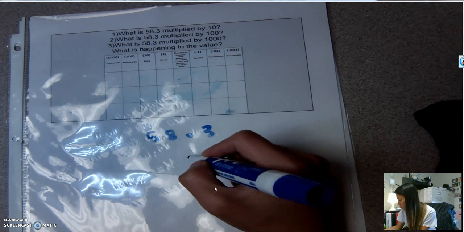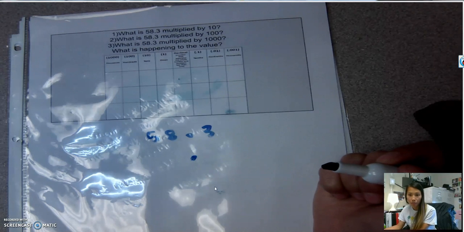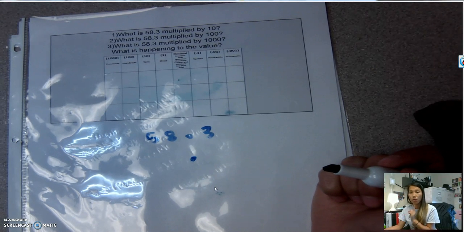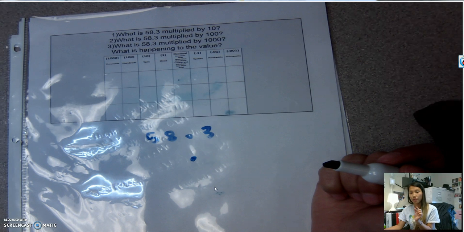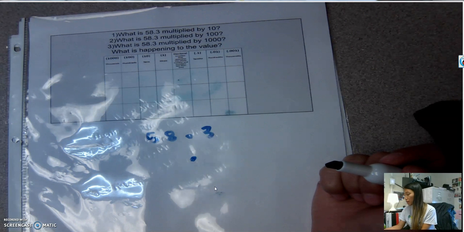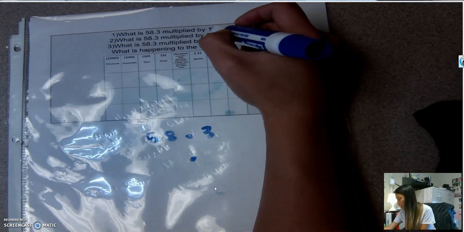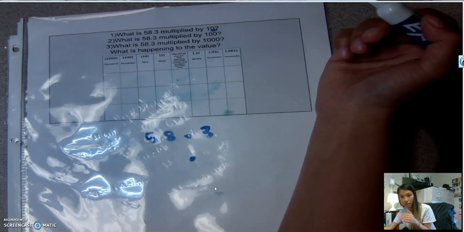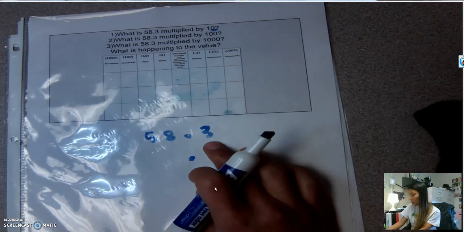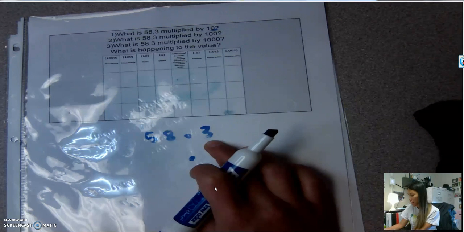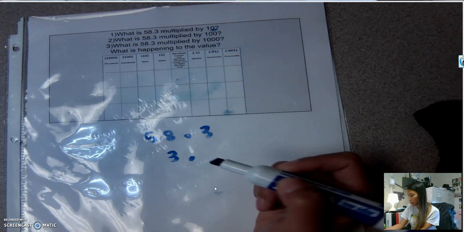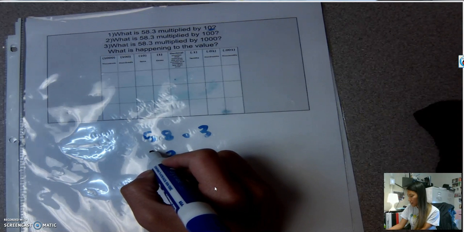So what I would do is I would just place one decimal down here. And that decimal will remind me that I'm only shifting it once because I'm trying to make each value 10 times larger. Okay, and I also know that by knowing that there's 1 zero at the end, it tells me to shift it once. Okay, so now my 3 that was in my tenths place value is now shifting over once to the 1s place value. The 8 from the 1s place value is now in the 10s.